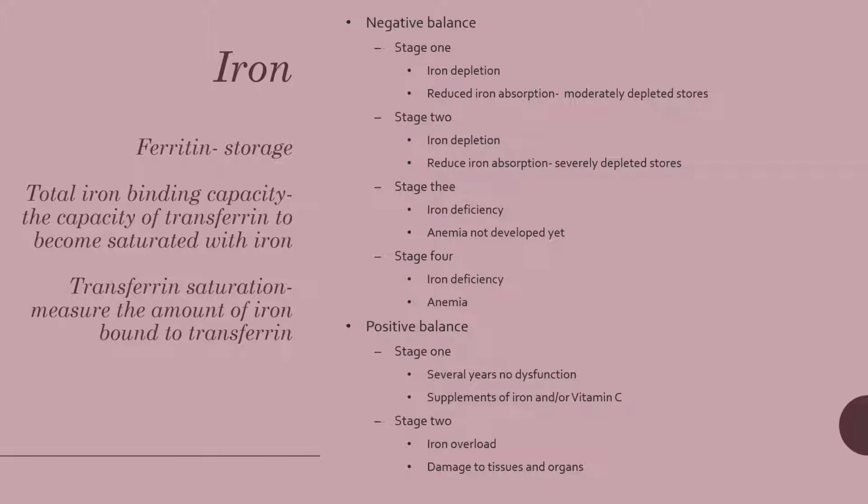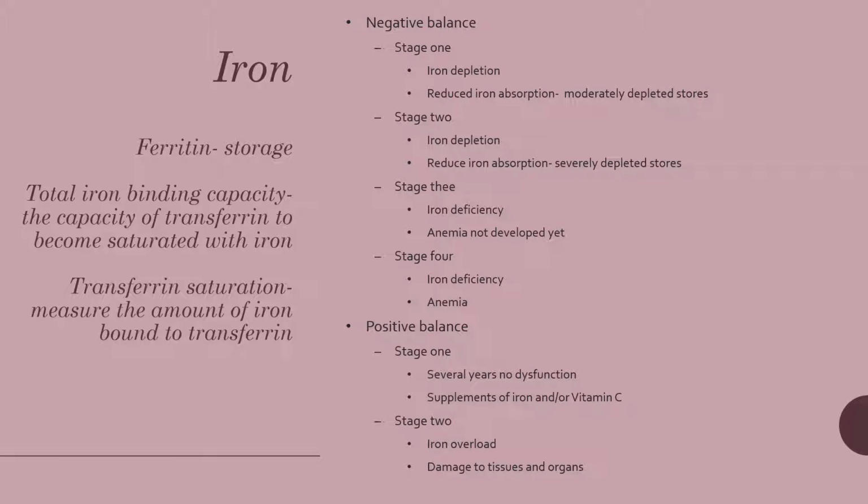What's interesting is it won't actually be until stage 3 that our patient will probably experience any real notable signs or symptoms. In the second stage, we note an iron depletion, and the stores of the body are now severely depleted, but it will not be until stage 3 that we can see the abnormalities show up in blood tests.